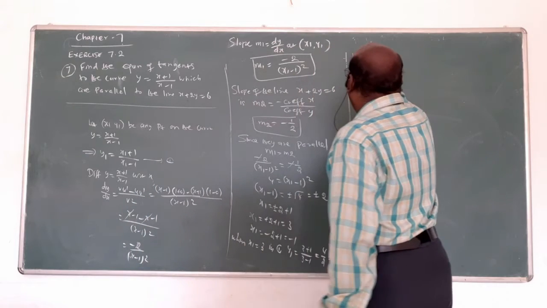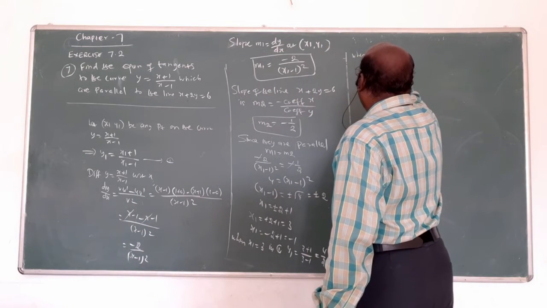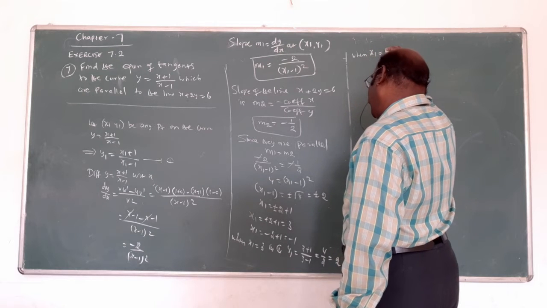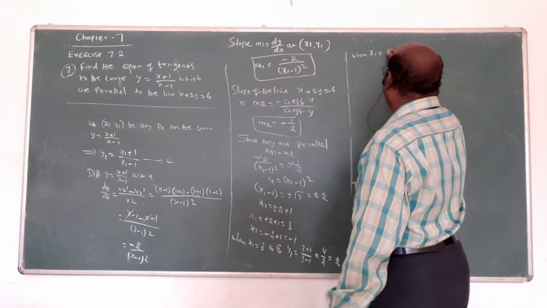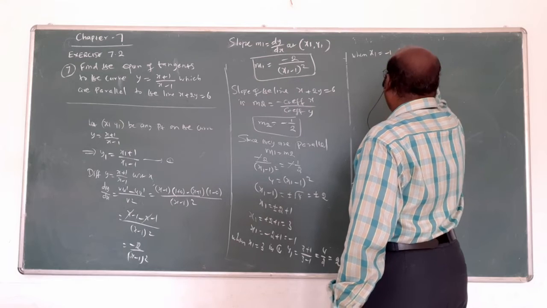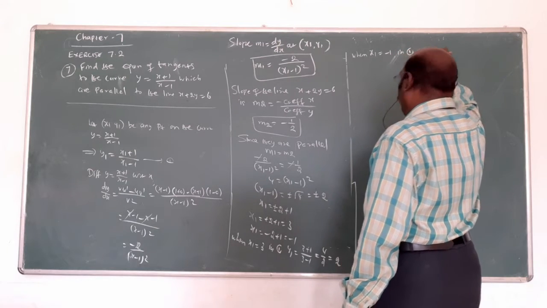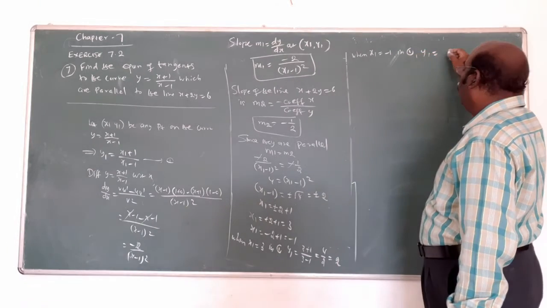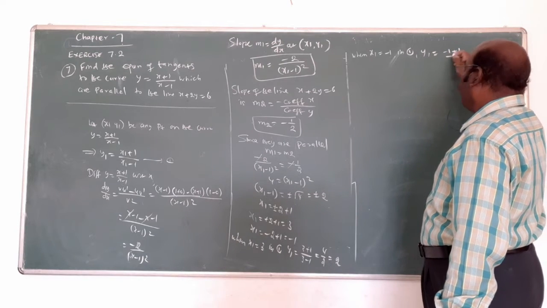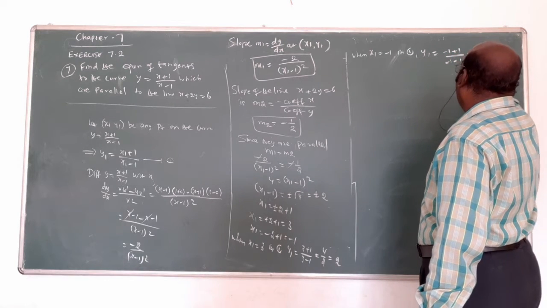Similarly, when x1 equal to the next answer, what is it? Minus 1. In the equation, y1 equal to minus 1 plus 1 by minus 1 minus 1, that is 0.